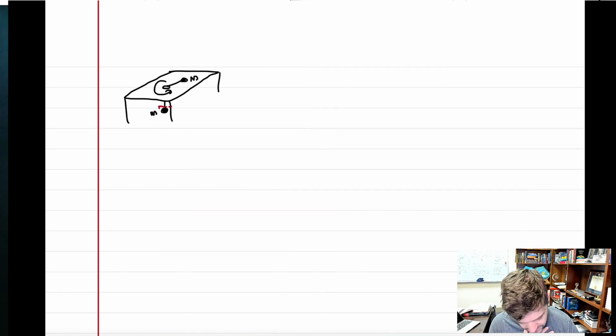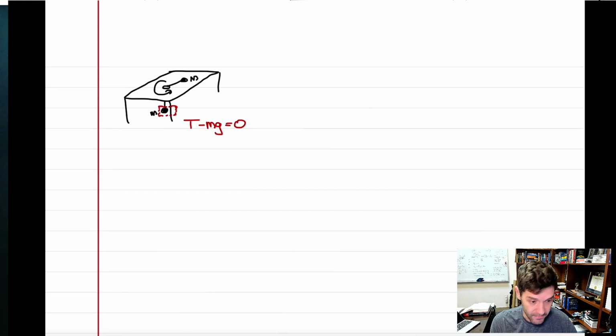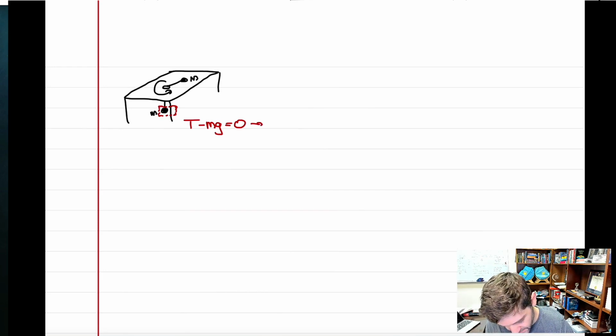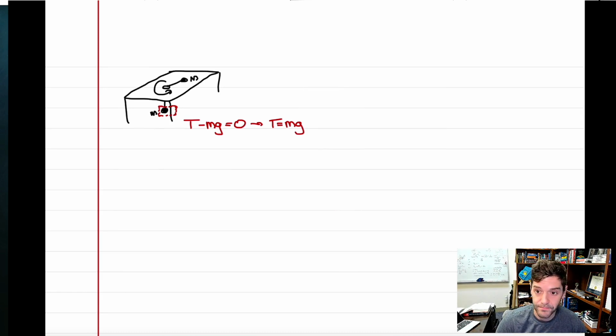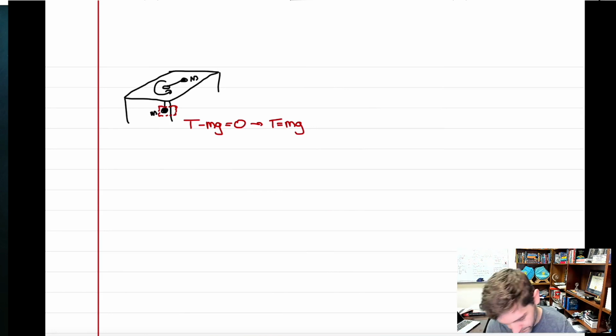First thing I might do is a force analysis for the hanging bob. All the motion is vertical. I know there's going to be a tension force pulling up. Its own weight is pulling down. And if nothing's moving, there's no acceleration, so that better be zero. So this establishes that the tension is equal to m times g in the rope. That tension then is uniform throughout the string.